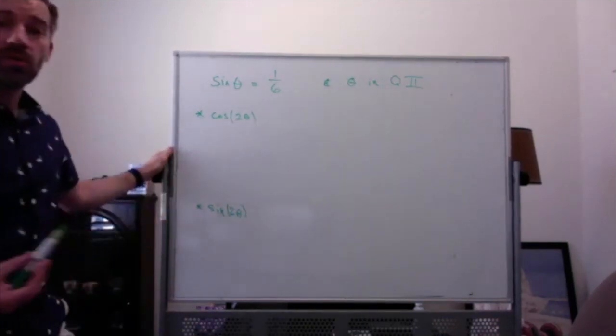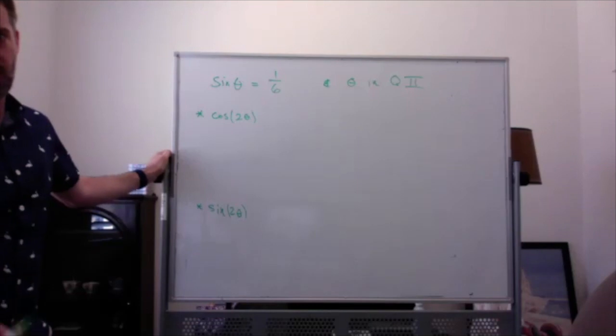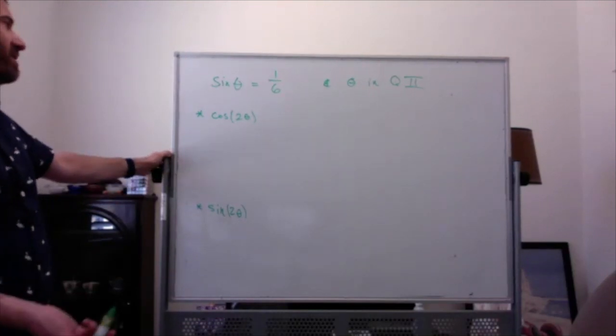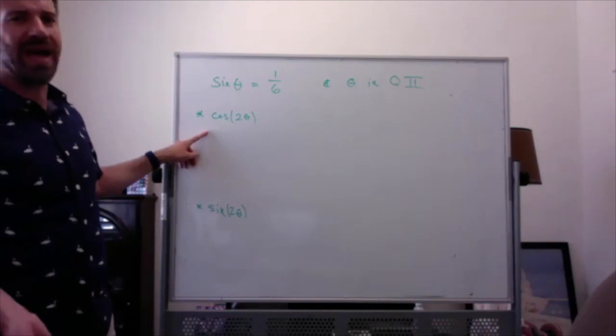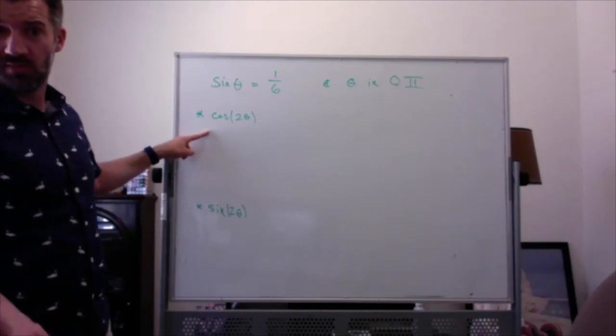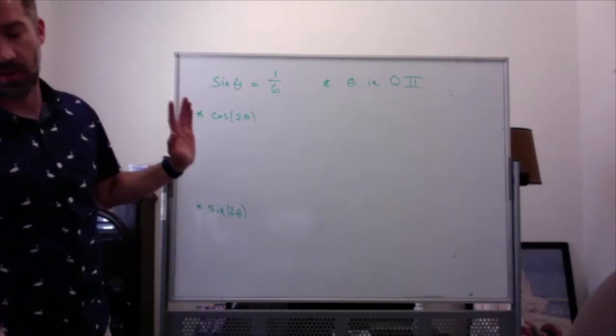But I do want to show you a trick that only works for cosine, doesn't work for sine. If you're ever asked to find really just cosine of 2 theta, you don't actually have to draw the triangle. Although I'm still going to draw the triangle anyway.